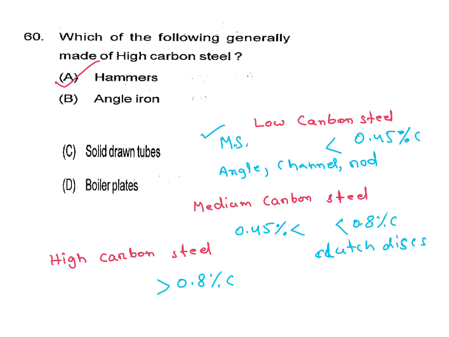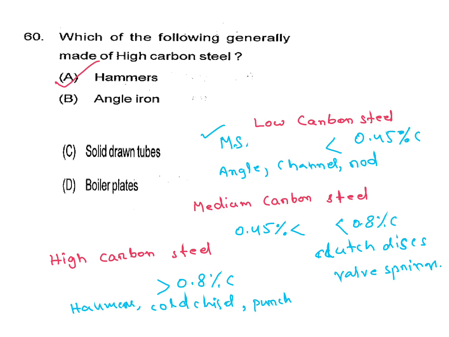And for high carbon steel, hammer, cold chisel, also asked in IAS exams, punch. So examples are also important. And this carbon percent, for low carbon steel it's less than 0.5% carbon, and for medium carbon steel it's in between 0.45 to 0.8% carbon, and for high carbon steel it's greater than 0.8% carbon.